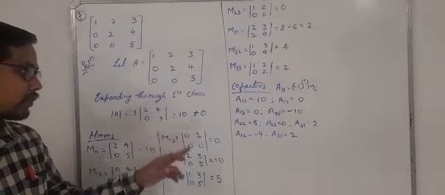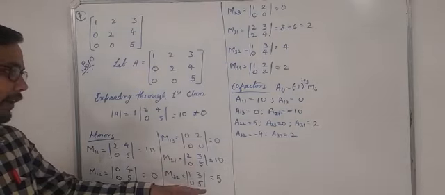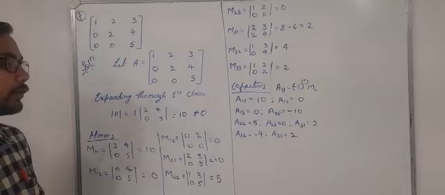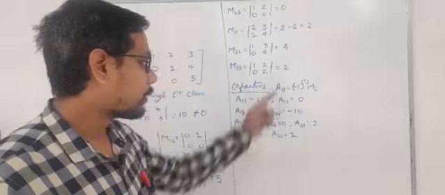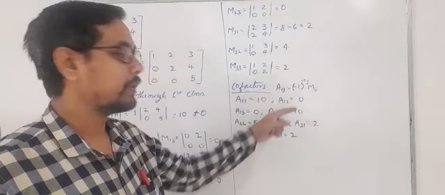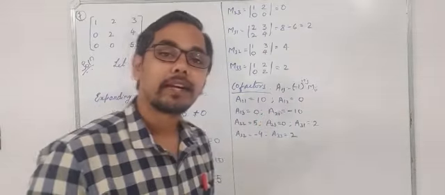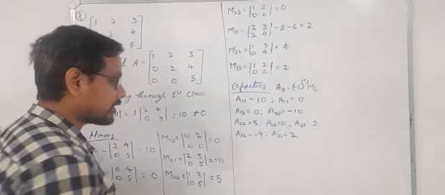So 10, 0, 0, minus 10, 5, 0, 2, minus 4 and 2. These are the cofactors. If you substitute all the values in this formula, you will get these cofactors, right?